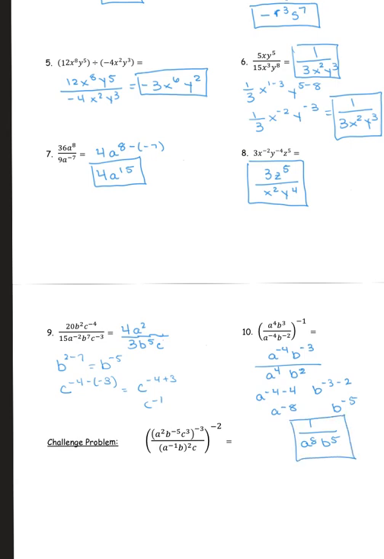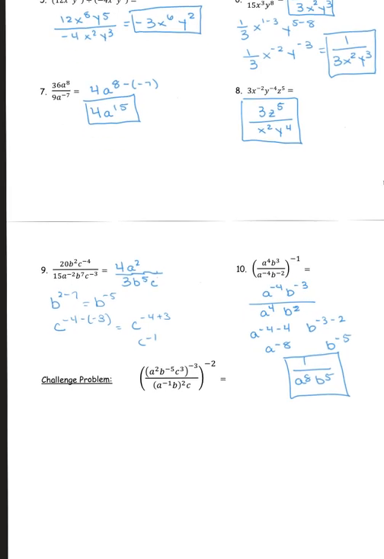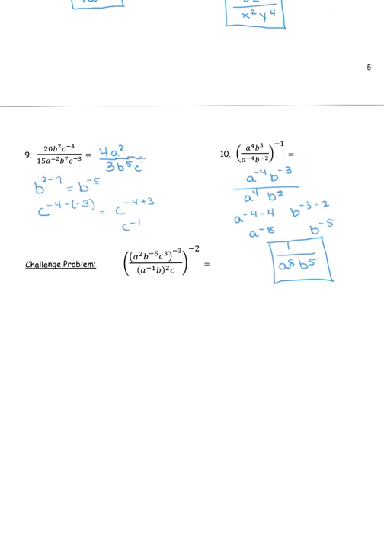Okay? I also want to take a look at if you do it the opposite way. So if you so choose to simplify the inside and then work your way out, you get the same exact answer. So looking at number 10 again, if I decide to simplify a to the 4th and a to the negative 4th, so I'm going to have a to the 4th minus negative 4, which becomes a to the 8th, and then I have b, which is 3 minus negative 2, which gives me b to the 5th.